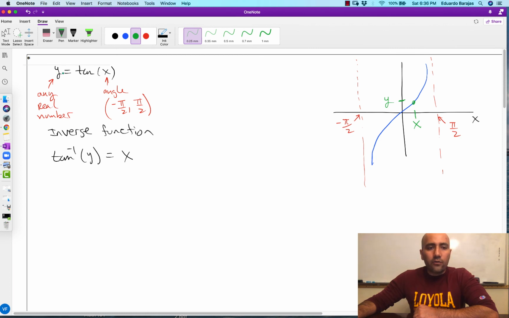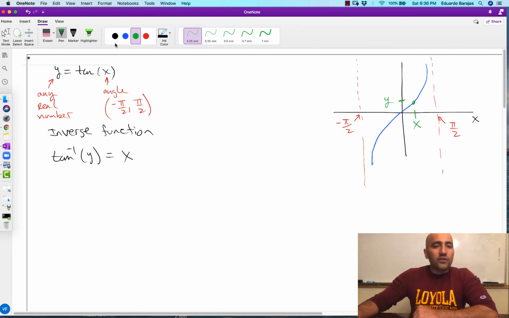And if you want to go backwards, you plug y into the tangent inverse function, and we get back to x. This is all under the assumption that we are only in this period of tangent, because we know we can have other periods, and so we run into the same problems that we had before when we want to go backwards if we don't restrict our domain.